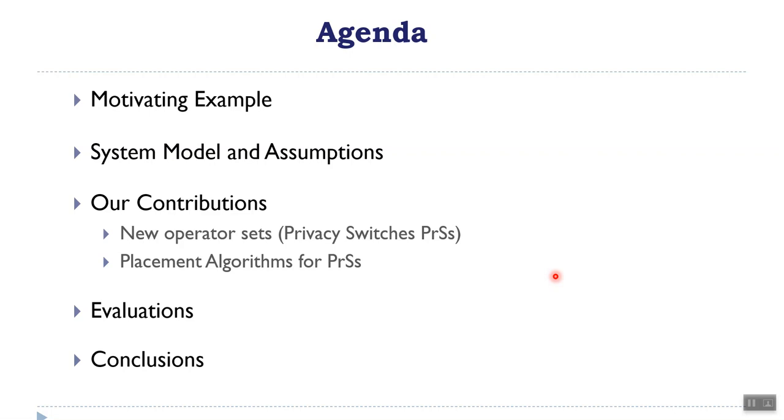And we designed an algorithm to strategically place those switches in the network to allow for access control to take effect while the network is executing. Then I will present our simulations and our results from our experimentations, and finally I will conclude.